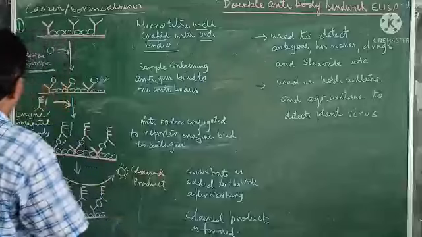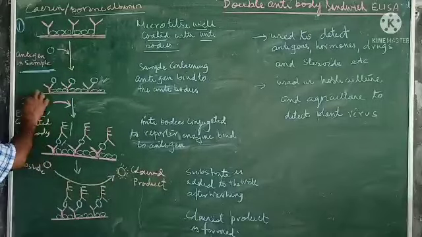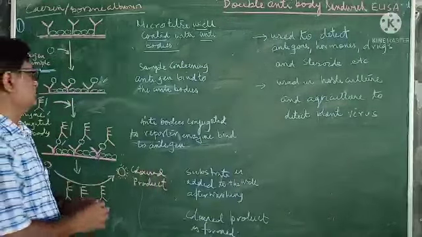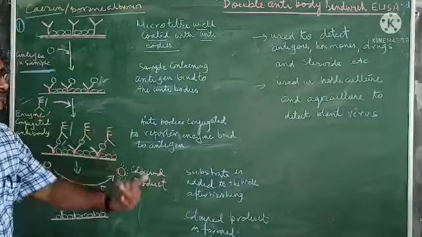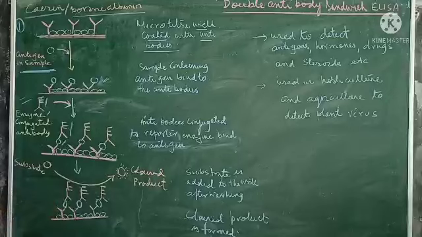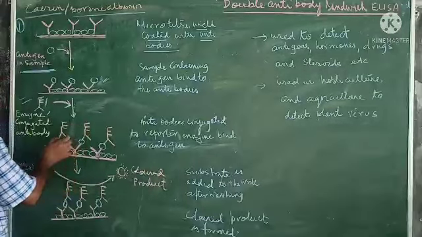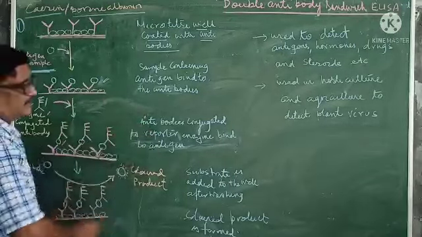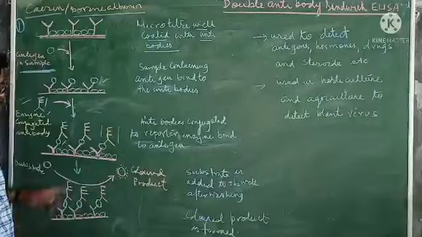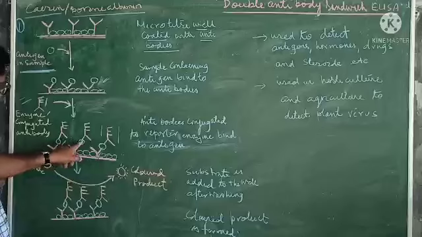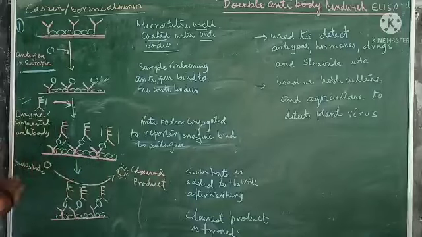The rest of the antibodies present in the solution are removed by washing. Washing removes the excess antibodies from the well, and only bound antibodies remain in the well, bound to the antigen. This is the third step.